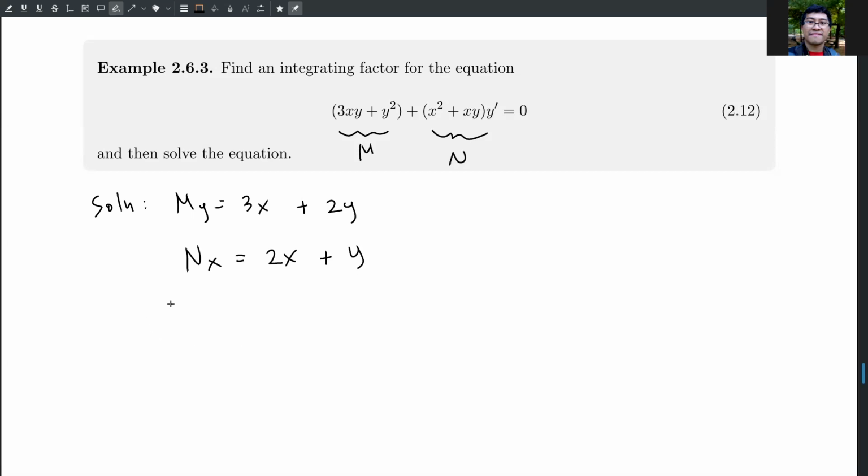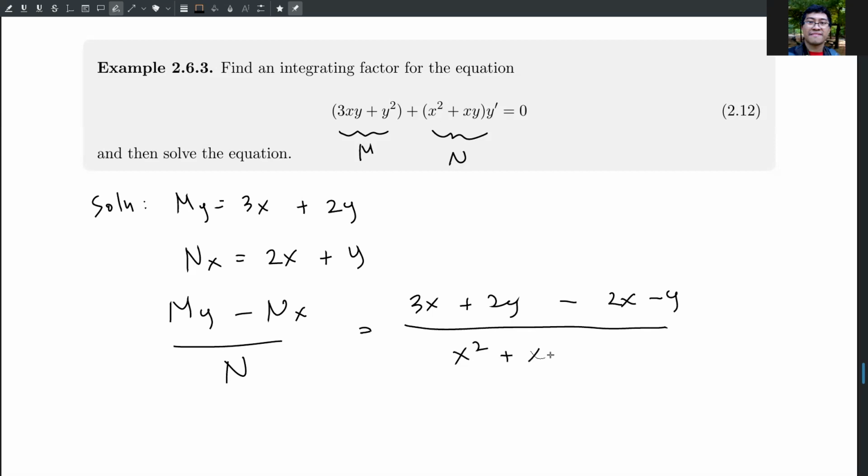Now if we solve (M sub y minus N sub x) over N, that would be (3x plus 2y minus 2x minus y) over (x squared plus xy). This would be, 3x minus 2x, that's x. 2y minus y is y. We factor out x in the denominator, we have x plus y. The x plus y in the numerator and denominator cancel, so you have 1 over x, dependent only on x.